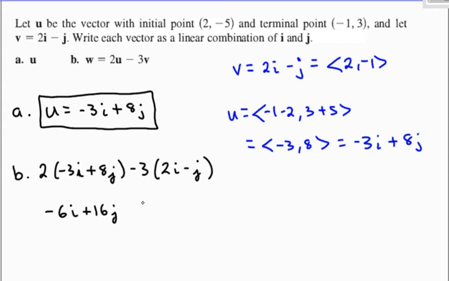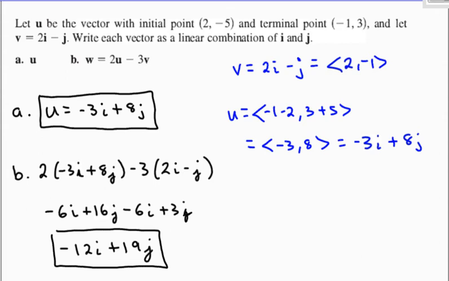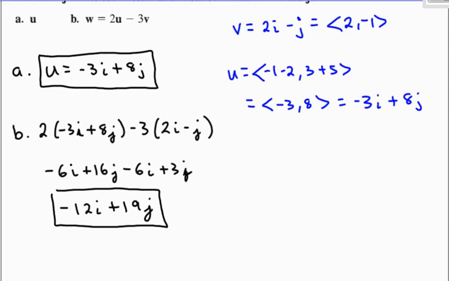And then distribute the negative 3 and I get negative 6i plus 3j. Then combine like terms, negative 6i minus 6i would be negative 12i. And then 16j plus 3j, 16 plus 3 would give me 19j. So there's 2u minus 3v as a linear combination of i and j. If we just want to write it in normal vector form, it's negative 12, 19. It's telling us 12 to the left, 19 up. This says the same thing.